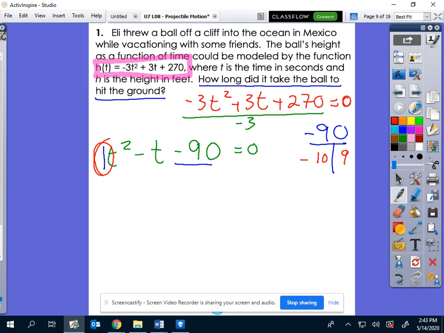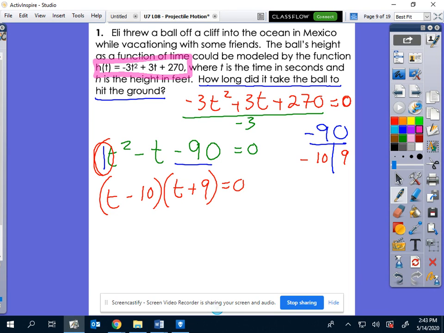We can skip because our a value is 1. Only because our a value is 1, we can jump straight to the binomials. So t minus 10 in parentheses and t plus 9. Remember, if you forgot, I'm allowed to skip because my a value is 1. If my a value wasn't 1, we would not be allowed to skip.